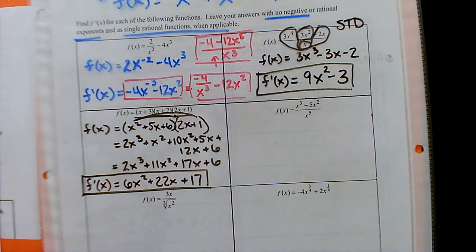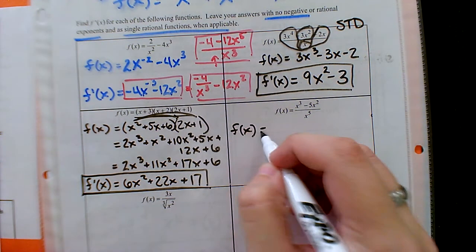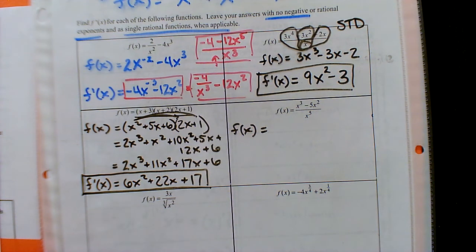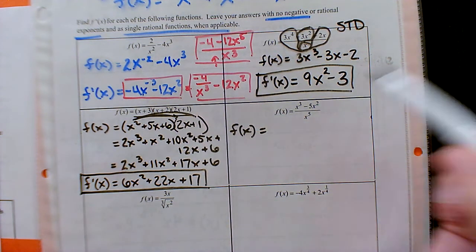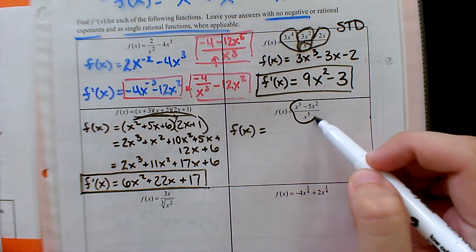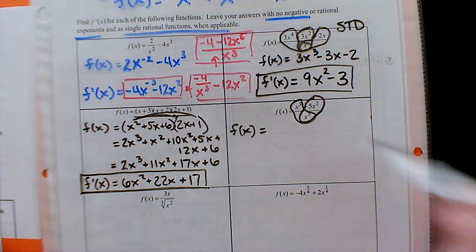Not exactly in polynomial form yet. Can we get it to look like a polynomial? X to some powers all the way through? Let's see, we have another single term denominator, so you can divide each one individually.